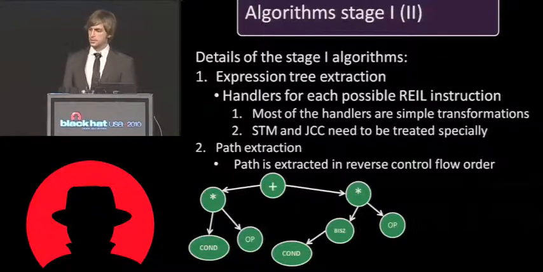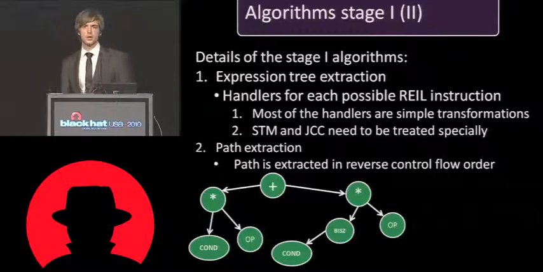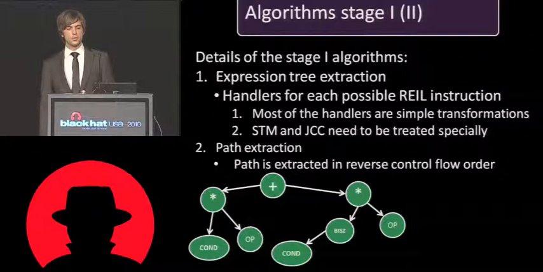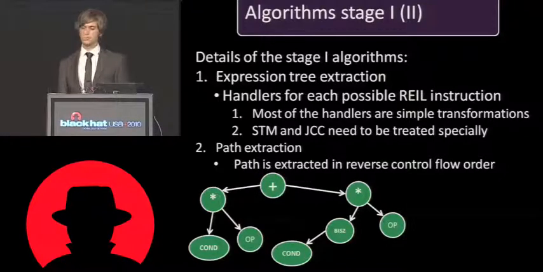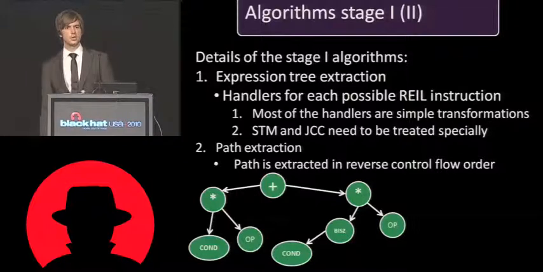The JCC instruction is the jump conditional instruction, which also needs to be treated specially, because in the case of a jump conditional we have to treat the condition in the instruction as well. We deal with this by always representing every instruction in a single expression tree, which you can see on the bottom of the slide.